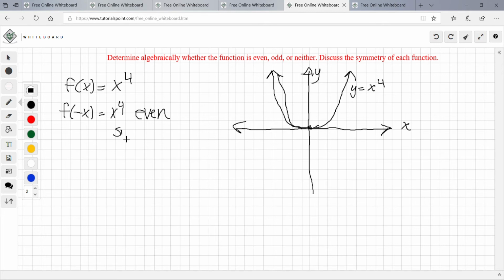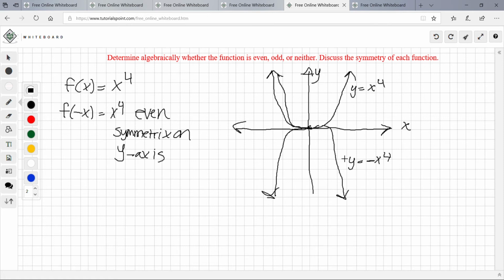And it's symmetric on the y-axis because if you fold it like a taco, you're going to get something like this. That's why, when you fold it like a taco, you get a reflection on the y-axis.